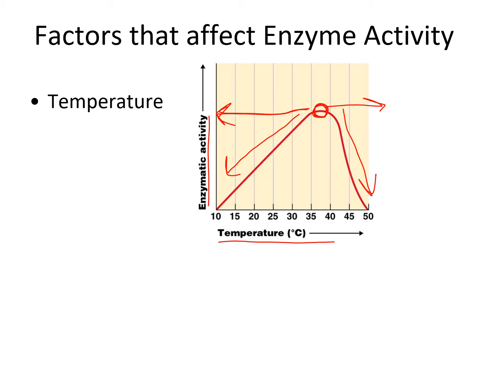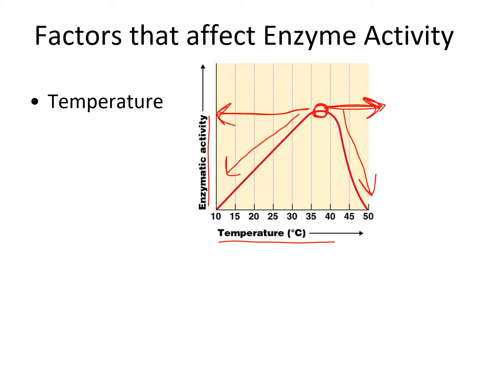And actually, what that is showing you is that changes in temperature are going to have different effects on the protein. When you increase temperature, the protein is being denatured. As you increase temperature, you start to disrupt the hydrogen bonds, which will denature the protein.